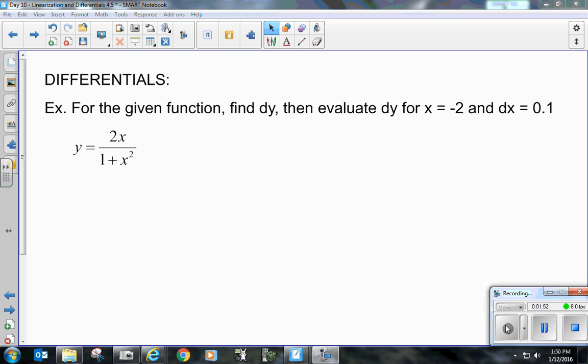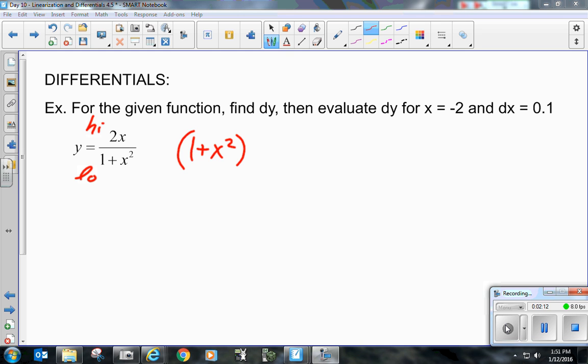So first off, before I do anything, what's the derivative of that? What do I have to use to find the derivative of that fraction? Low d high minus high d low, draw a line and square. So here's my low, here's my high. Low times d high. What's the derivative of 2x? 2.